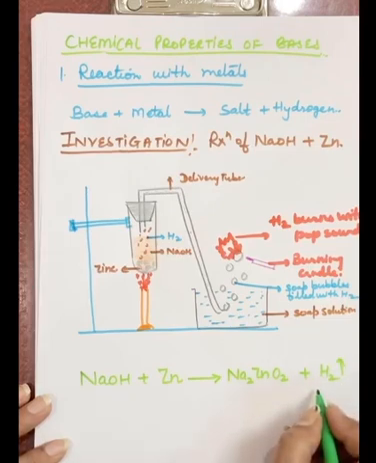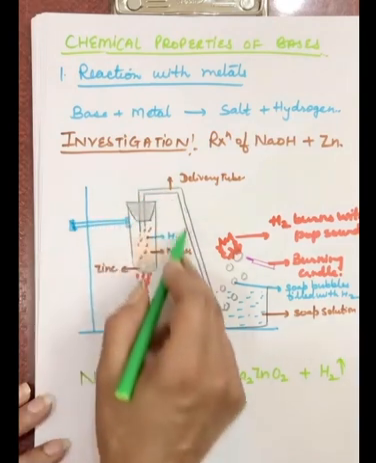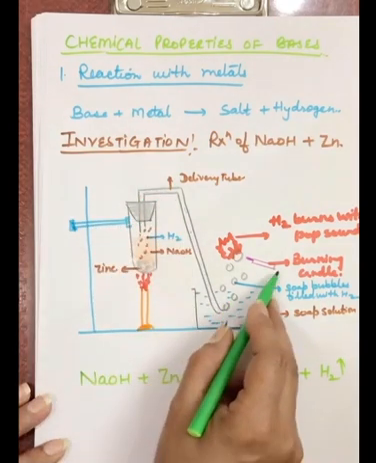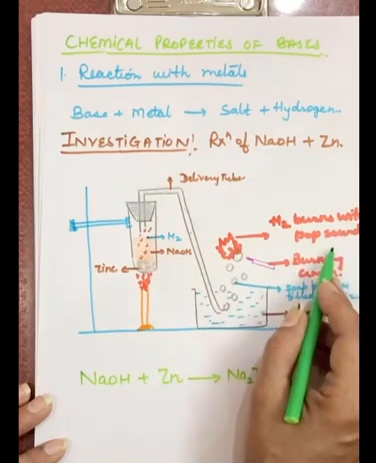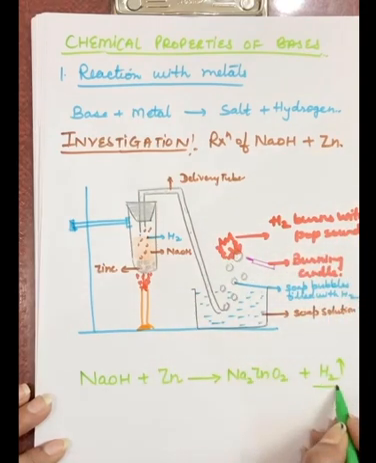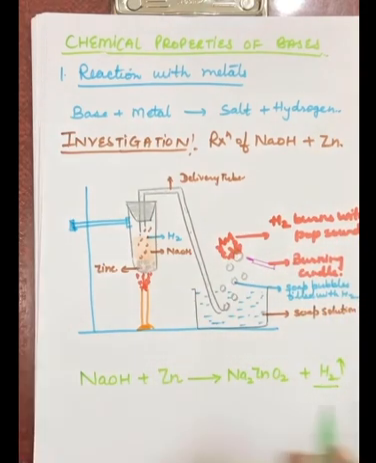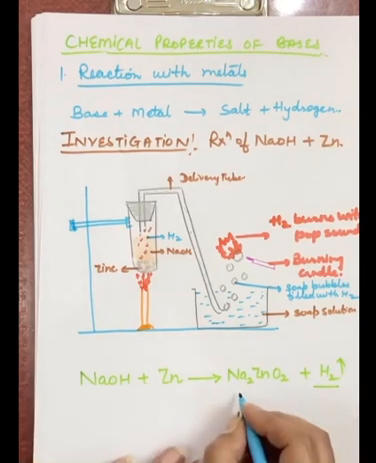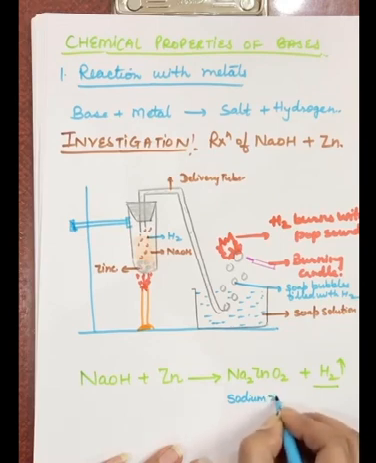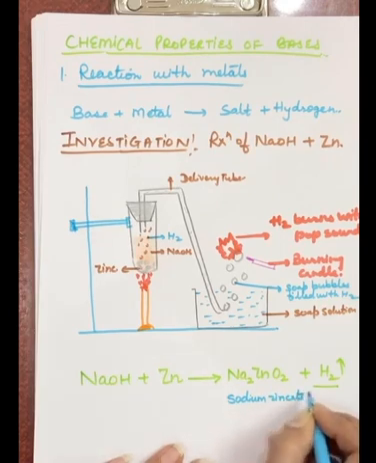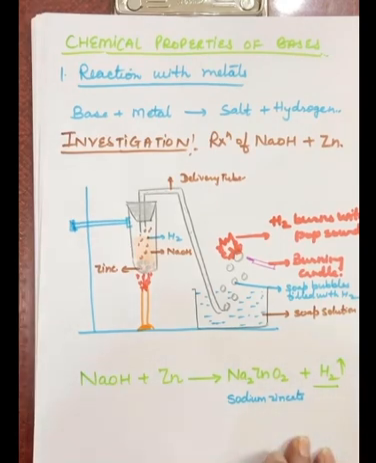When we bring the burning candle near this gas, if it burns with a pop sound, that means the gas evolved is hydrogen. The name of this salt is sodium zincate. So this is the first property of bases: when bases react with metals, salt and hydrogen form.